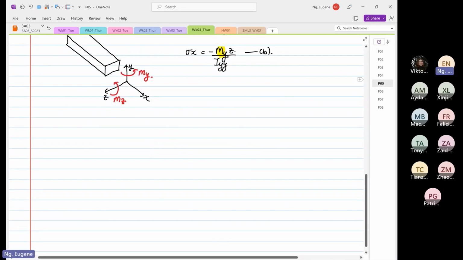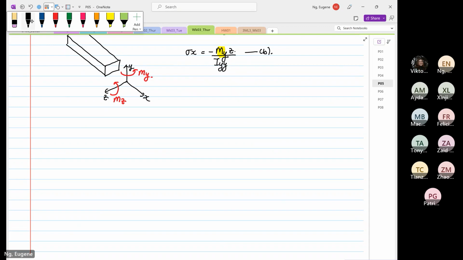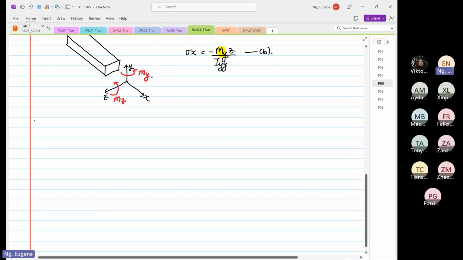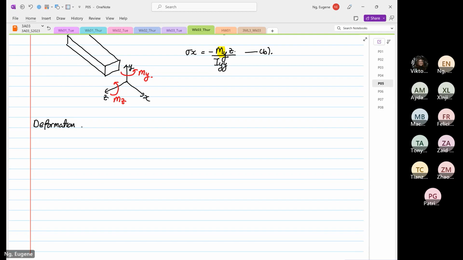So now, let's look at the deformation pattern. Okay. So now we're going to have a beam.